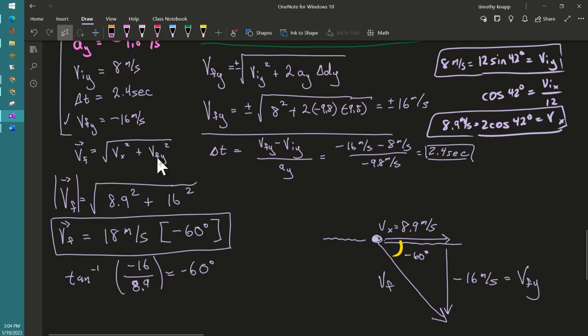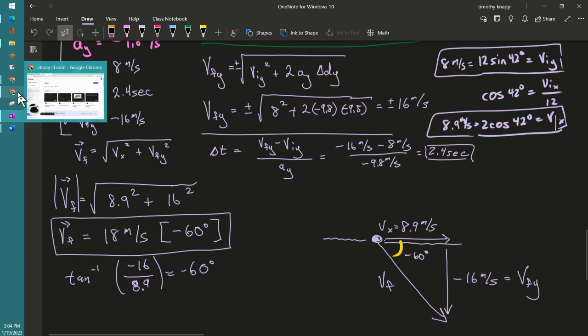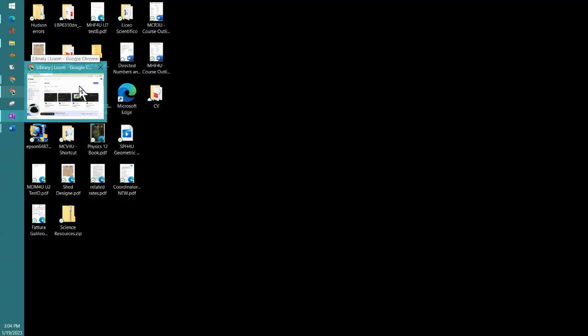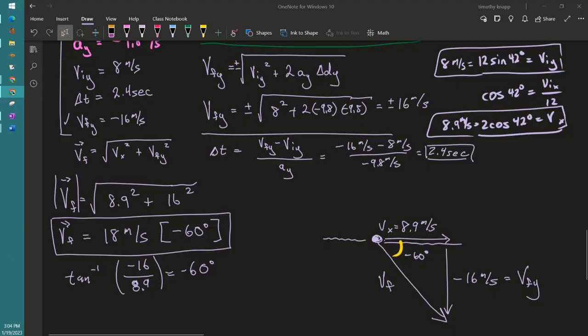But I do need to put the i's and the f's in the y direction because, remember, as things fall, their vertical velocity is constantly changing, whereas their horizontal velocity stays constant. Anyway, so that's what we're looking at. That's the idea, projectile motion. All right, a couple of sample questions there.